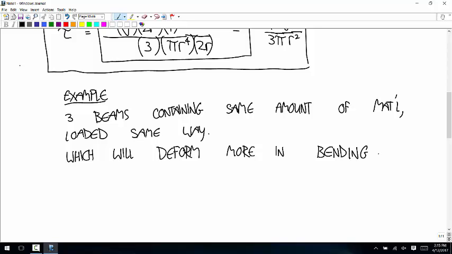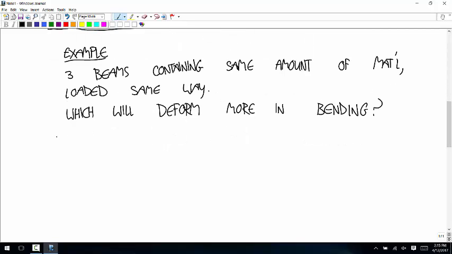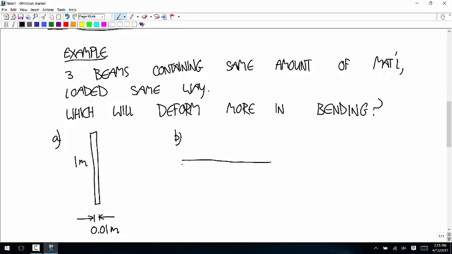Okay, so here are the 3 candidates. Let's say one is 1 meter tall and 1 centimeter thick. One, you can think of it being the same beam but just bending the other way.